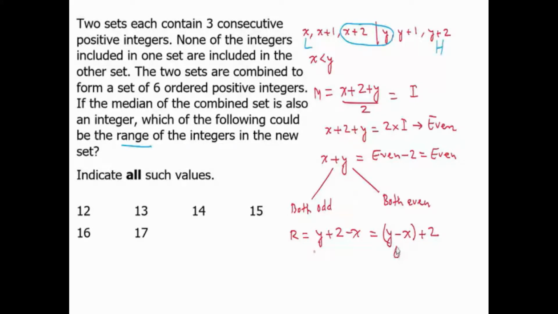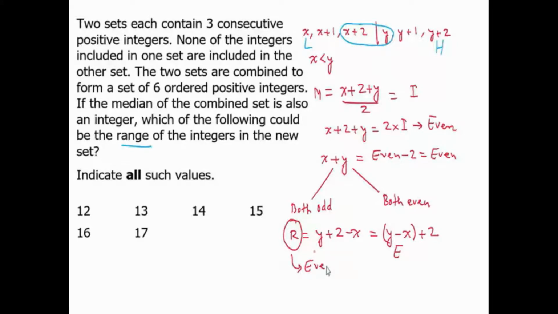Again, feel free to check this out by picking 2 odd numbers of your choice. And if both y and x are even, then y minus x is again going to be an even number. So either way, the range is 2 more than an even number, and 2 more than an even number is even. So the moral of the story is that the range has to be an even number.